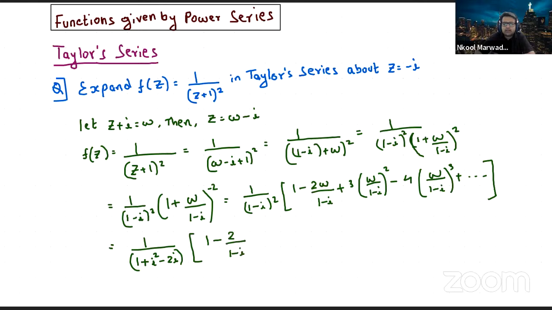Instead of omega, I can write z plus i. Then 3 upon 1 minus i whole square, once again z plus i whole square. Minus 4 upon 1 minus i cube, z plus i cube. And so on.